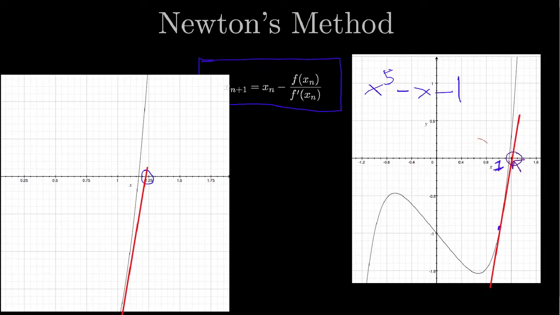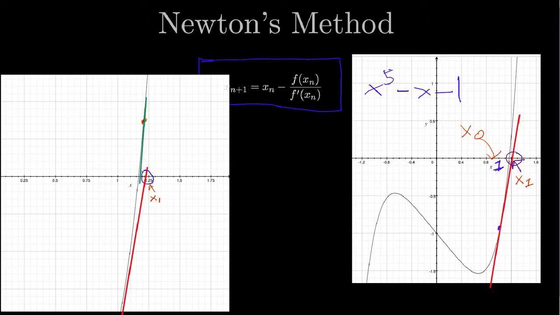So your initial guess is x sub 0. And then your first x-intercept would be called x sub 1. So that's why it goes up on the formula by 1 every time. And then what you do is you use this as your next spot to find the tangent line, and you repeat. So for example, right here, this spot, which is x sub 1, you would go up to your function, and right here you would find the tangent line again.